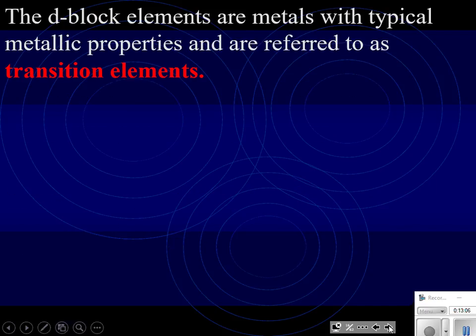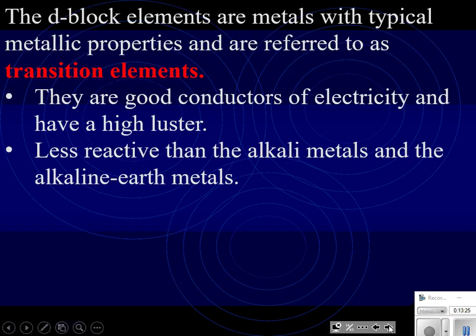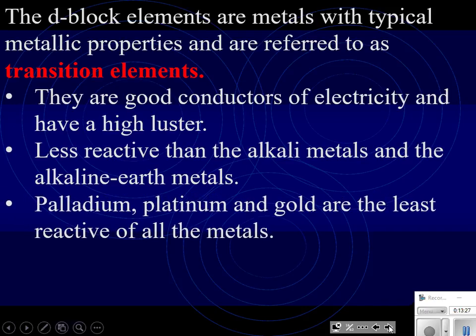What do we know about the D block? They are metals that we refer to as the transition elements, or more commonly, the transition metals. The transition elements are good conductors of electricity, and they have a high luster.